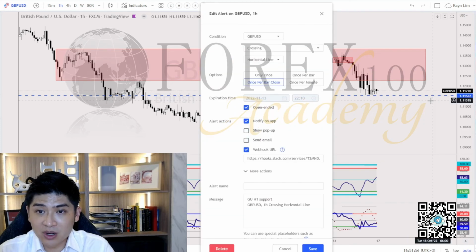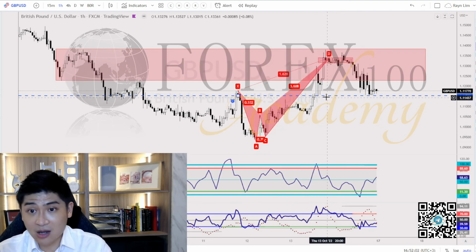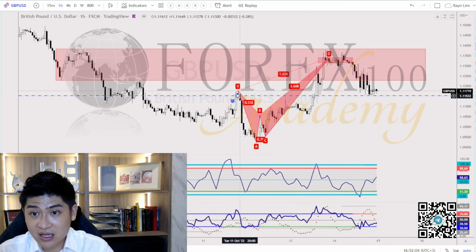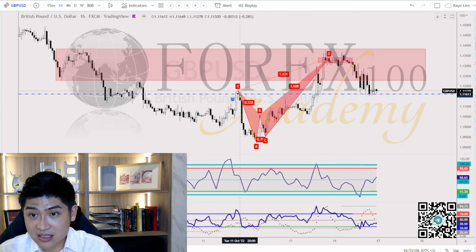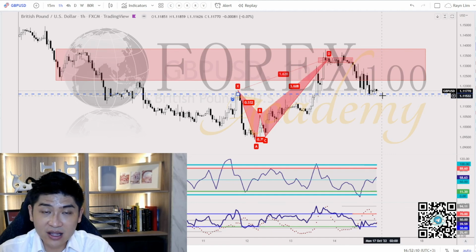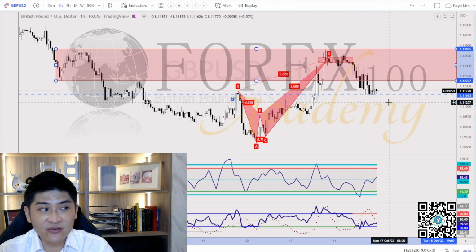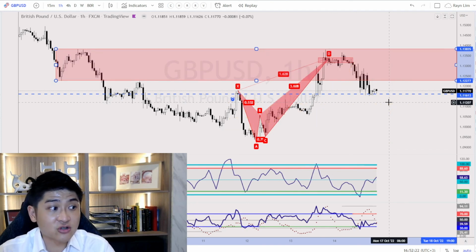That is super important. I set my alert the way it is because I want to see how the candlesticks actually react at this level. If it's just a touch and go, then I might consider and decide if I'm going to intervene in the trade. If I see a break and close below, then I know that target 2 has a higher chance of hitting, and I might develop another trading strategy.